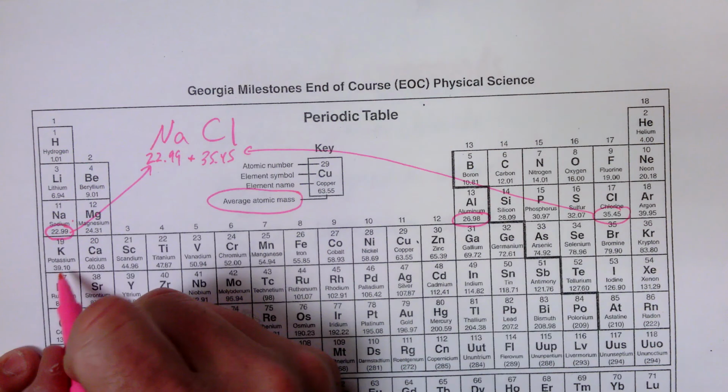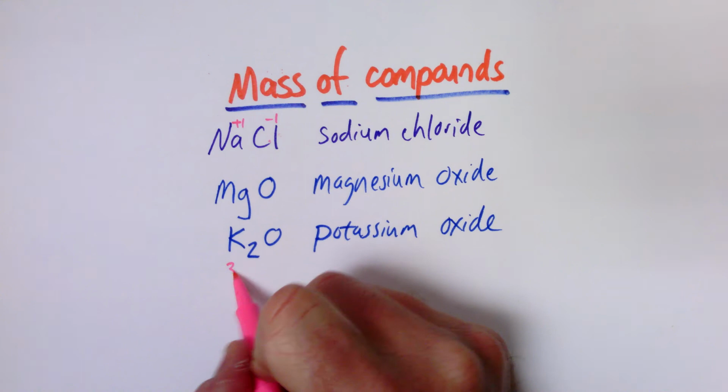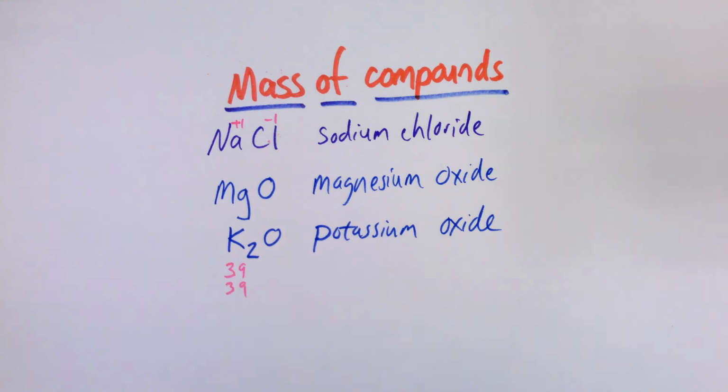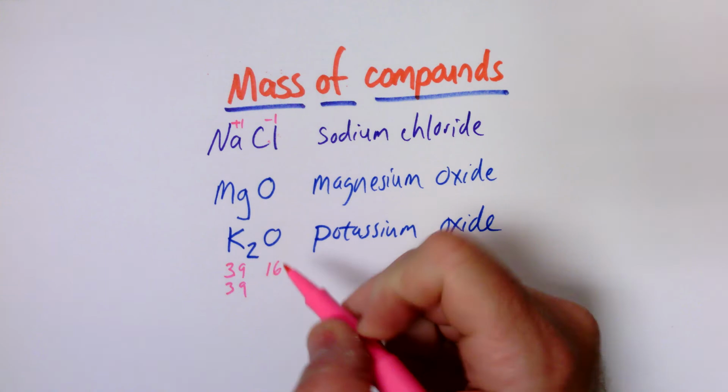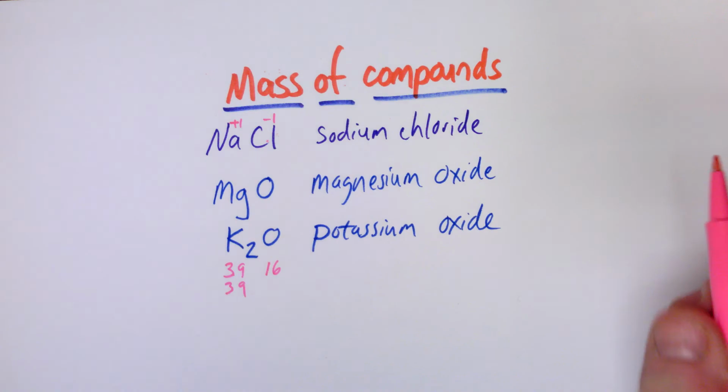So I go to the periodic table. And just for the course of this lecture, we're going to keep it simple. Potassium's 39. We'll round this to the whole number. You won't do that when we're taking our time and doing this with the calculator. Potassium's 39. Well, I've got 39 twice, don't I? Oxygen is 16. Oxygen's average atomic mass is right at 16.